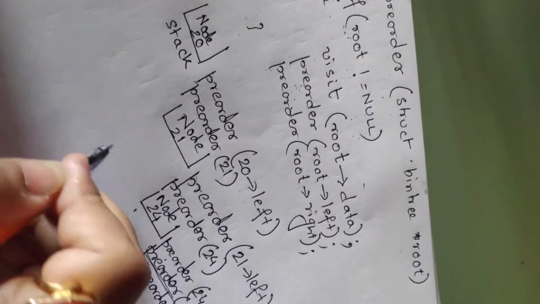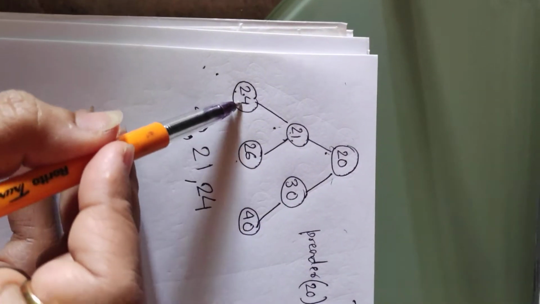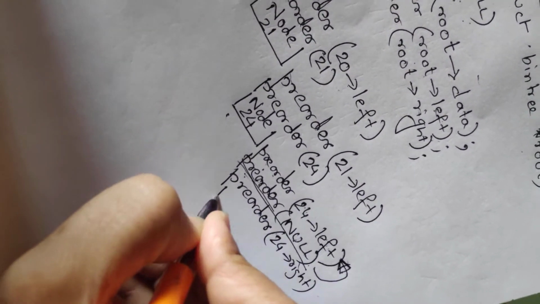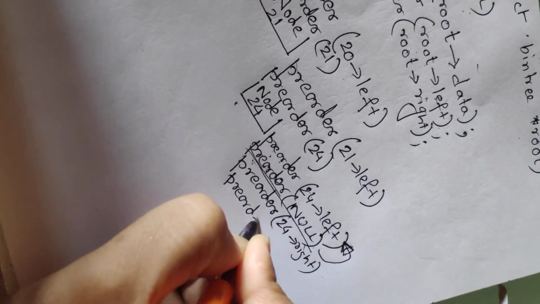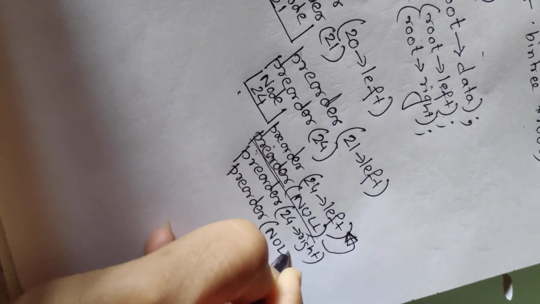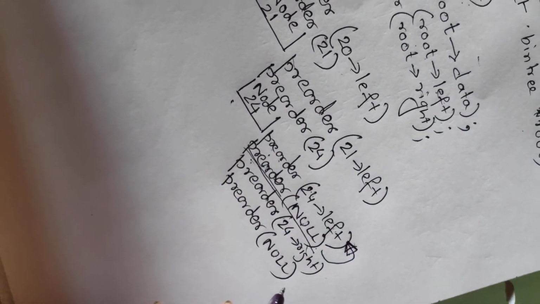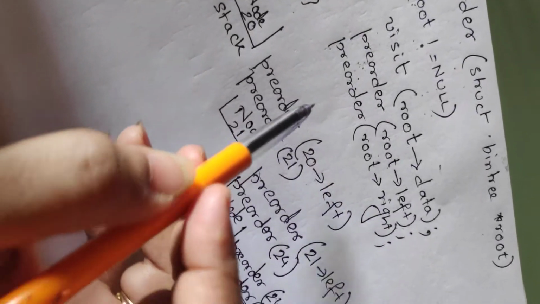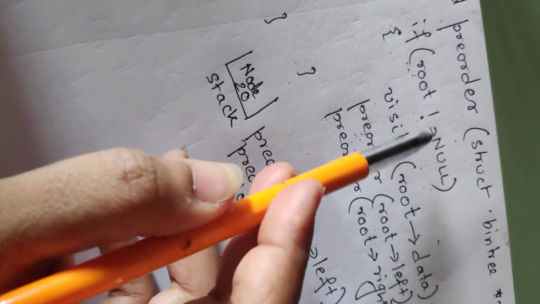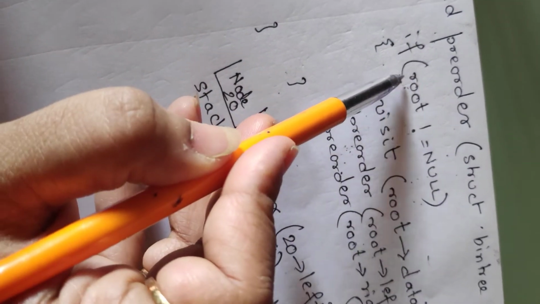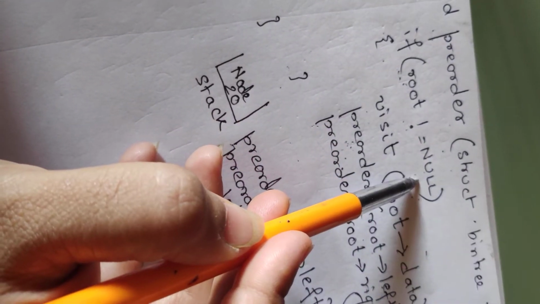Okay. Now what is 24 right? Let us see. 24 right is also null. So again you have called preorder null over here. So when you have called preorder null over here, again as we have seen in the previous case, root not equals to null becomes false.